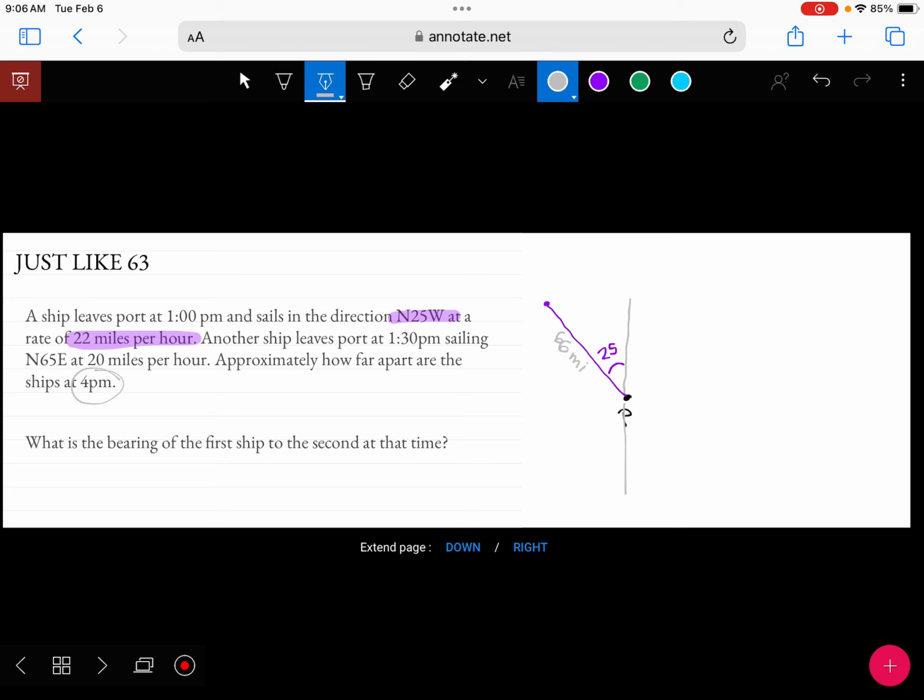We're going to do a very similar sketch for our other ship. We've got another ship sailing north 65 east. So it's going north from the port as well, and it's going east. So it's going this way.